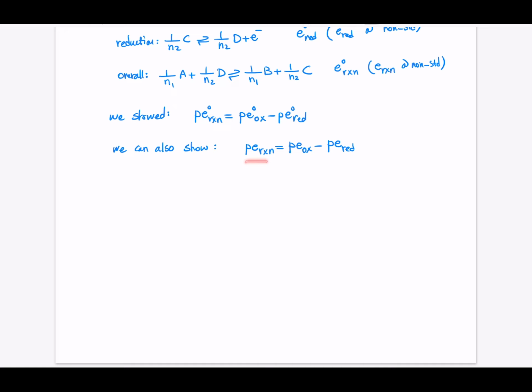So at non-standard condition, also the reaction would be PE of oxidation minus reduction. This is what we need to calculate. How do we calculate these two? Exactly. From the Nernst equation we just had for the half reaction.